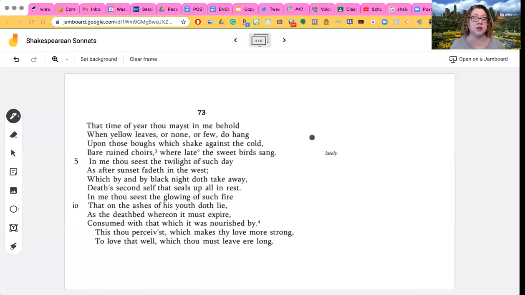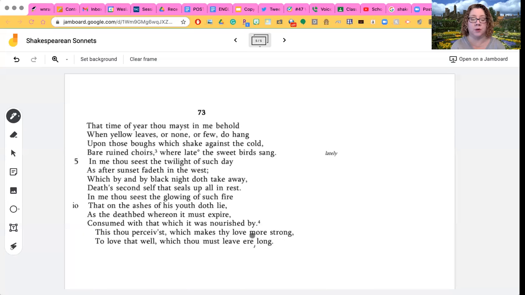In me thou seest the glowing of such fire that on the ashes of his youth doth lie, as the deathbed whereon it must expire, consumed with that which it was nourished by. This thou perceivest, which makes thy love more strong, to love that well which thou must leave ere long.